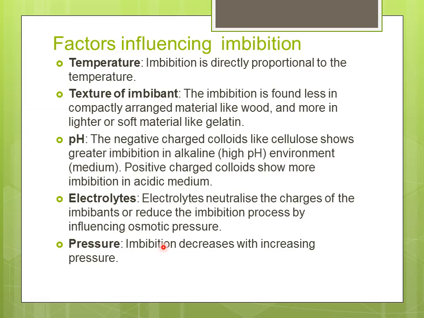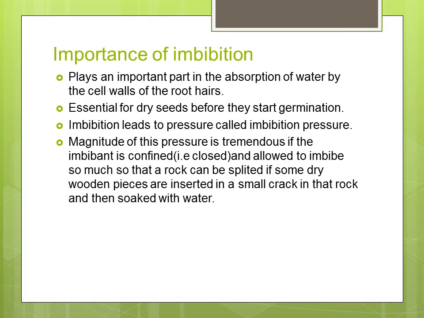Now comes the importance of imbibition in plant physiology. Why are we studying this process in plant physiology? Let us study that. Here we will know the importance of imbibition. It plays an important part in the absorption of water by the cell walls of root hairs.